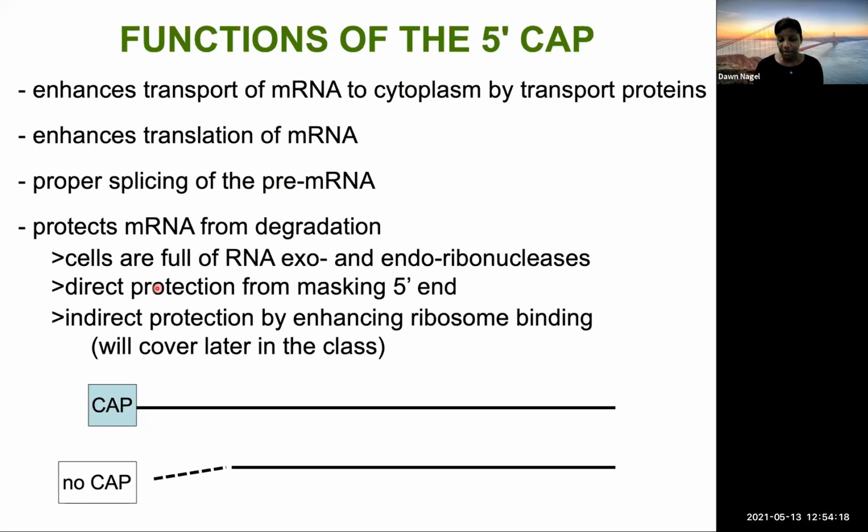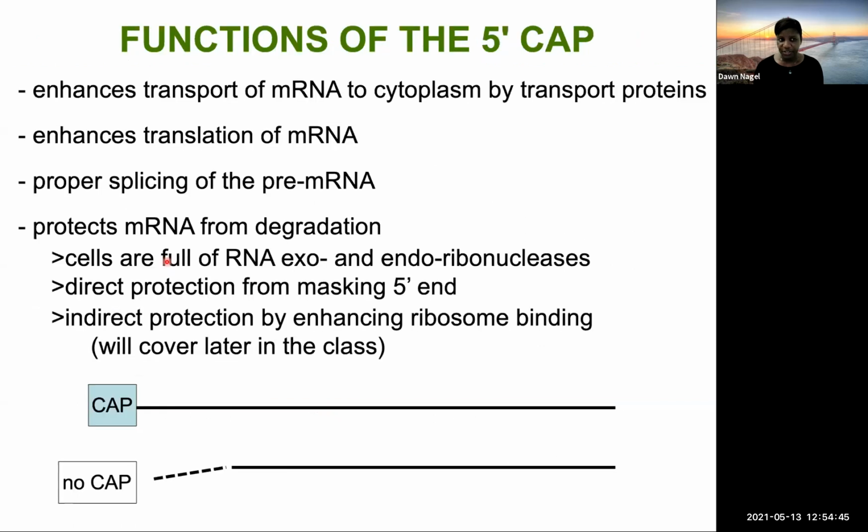And the question is, what happens if the mRNA is not capped at the end? A lot of these mRNAs get degraded, right? It's single stranded, and that's why mRNAs are so unstable, because they can be easily degraded. So if there's no 5' cap, and you'll see you need other types of protection as well, they get degraded very easily. And they'll never make it out of the nucleus into the cytoplasm to be translated.